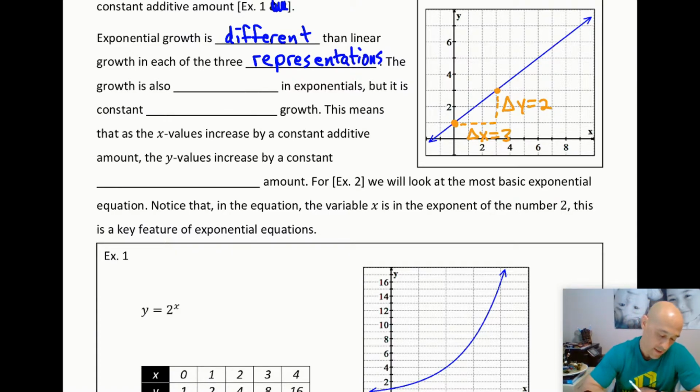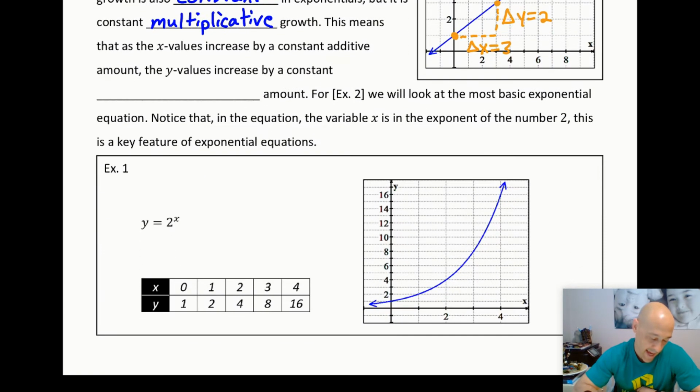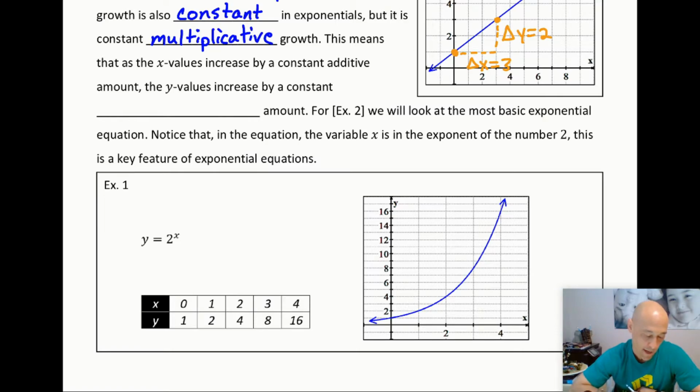The growth is also constant in exponentials, but it is constant multiplicative growth. That means that it's constantly multiplying by the same amount. This means that as the x values increase by a constant additive amount, the y values increase by a constant multiplicative amount.